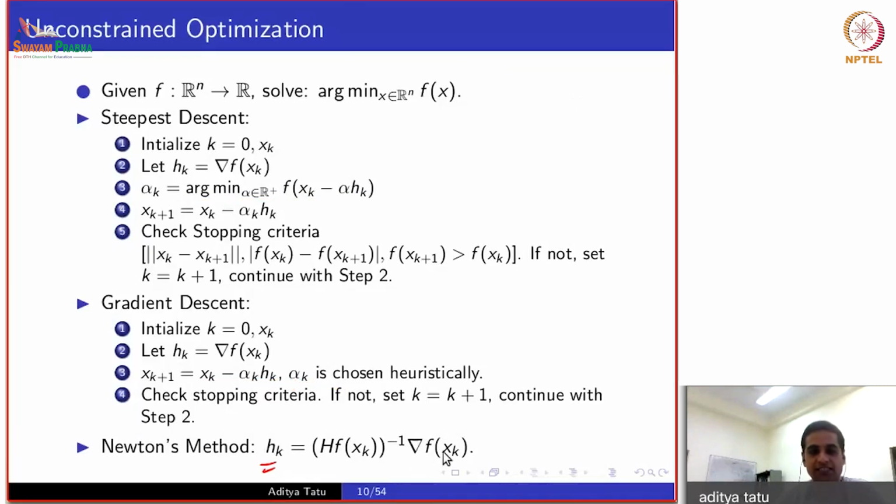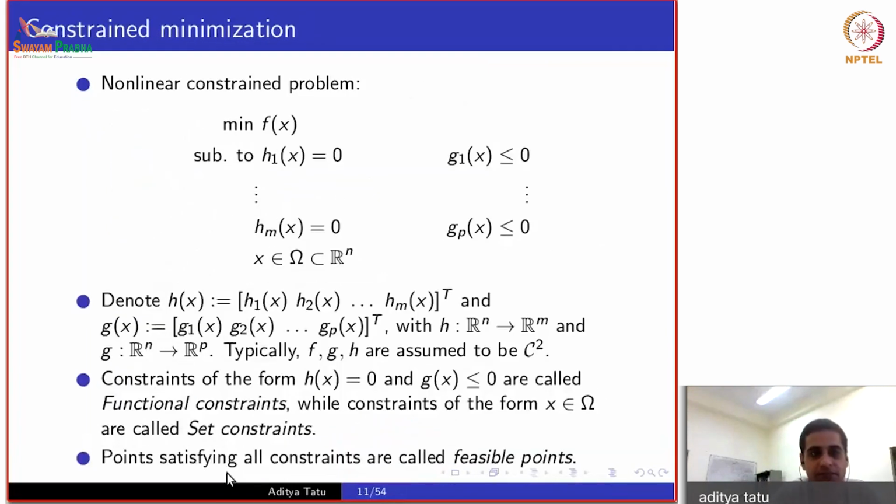The search direction now depends not only on the gradient, it also depends on the Hessian of the function. I hope all of you are familiar with the Hessian of a function. So that is the only difference here. This is an overview of unconstrained optimization.